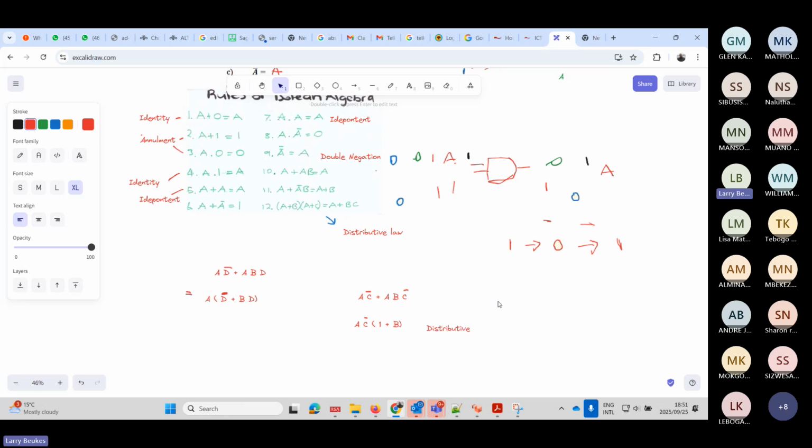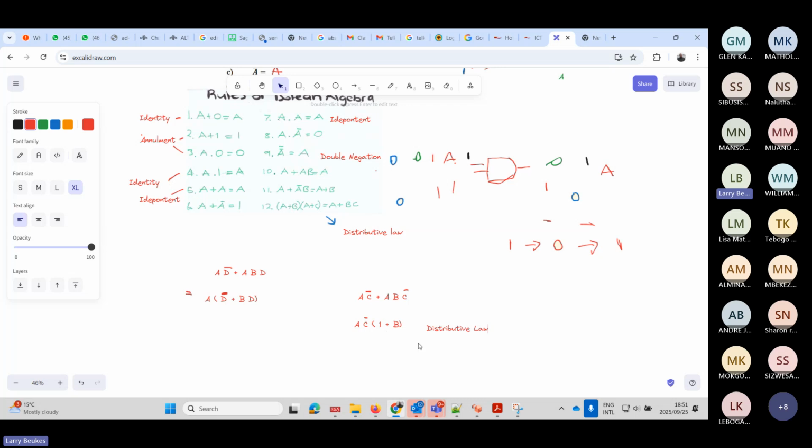So everything that has to do with brackets, factorizing and multiplying out brackets is the distributive law, right? Then again, we have this law now, 1 plus B, it's A plus 1. So it's this one, it's the annulment law, right?